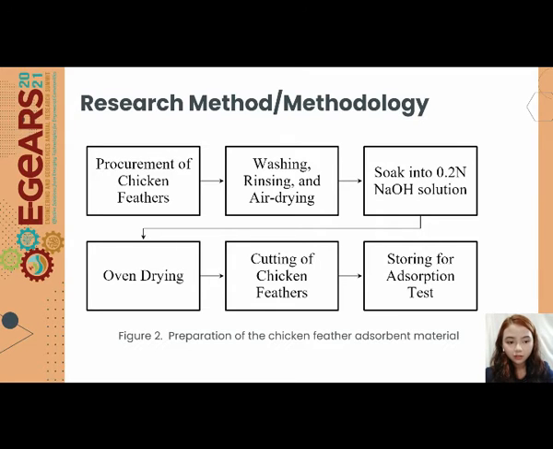The chicken feathers are then soaked with 0.2 N sodium hydroxide solution for 10 minutes as pre-treatment before being placed in a ventilated oven for 24 hours at 50 degrees Celsius to eliminate the residual moisture. The barbs were carefully cut into 0.5 cm lengths, discarding the rachis. The chicken feathers will then be used in the batch adsorption test.